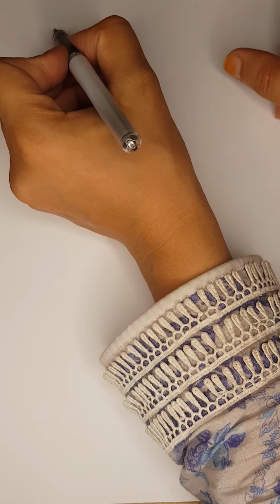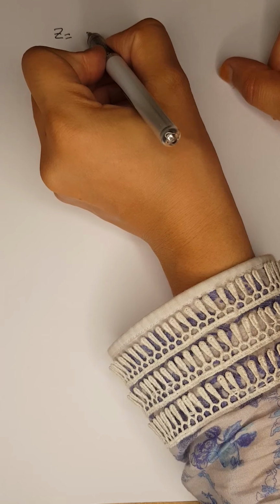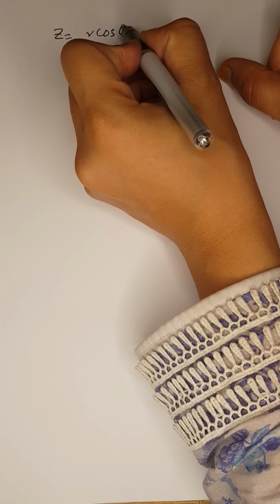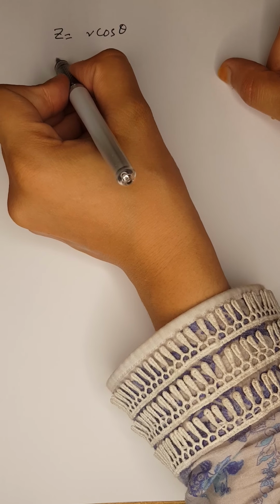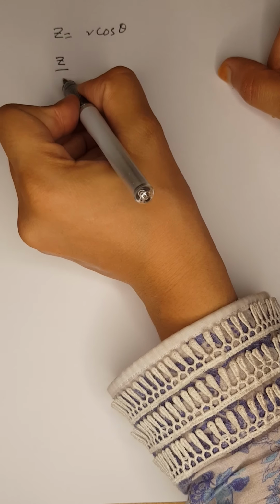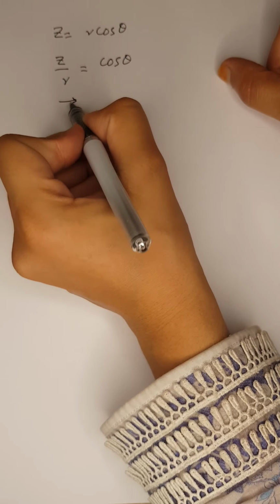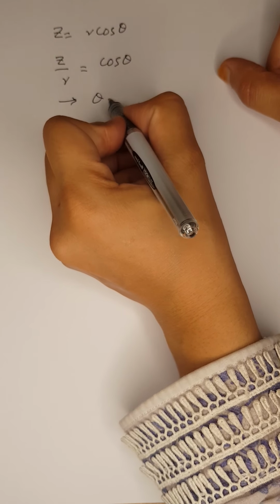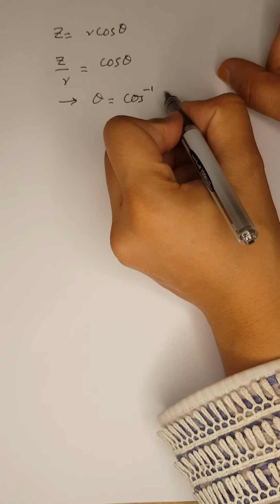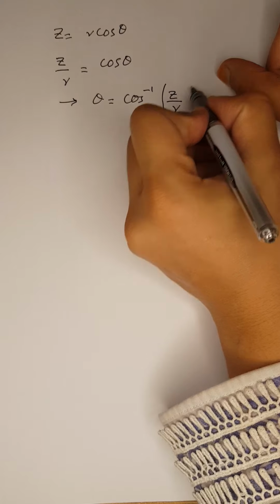Okay, now let's have a look at the relation between theta and phi. From z is equal to r cos theta, I can write z over r is equal to cos theta, and from here I will have theta is equal to cos inverse of z over r.